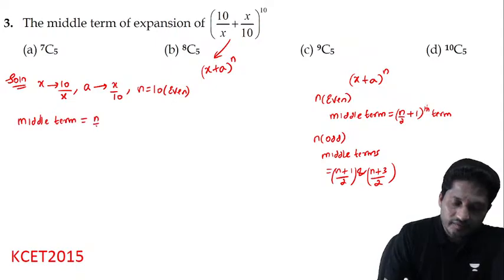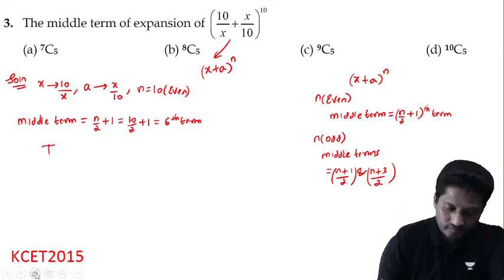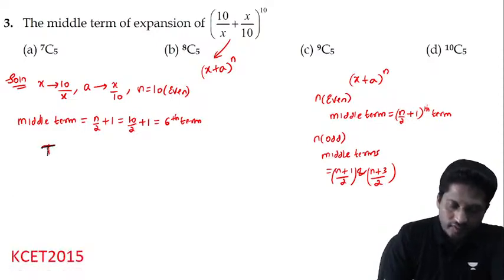Middle term is equal to n by 2 plus 1, that is 10 by 2 plus 1, which is equal to the 6th term. Now tr plus 1, the formula: tr plus 1 is equal to ncr to the power of n minus r, a to the power r.